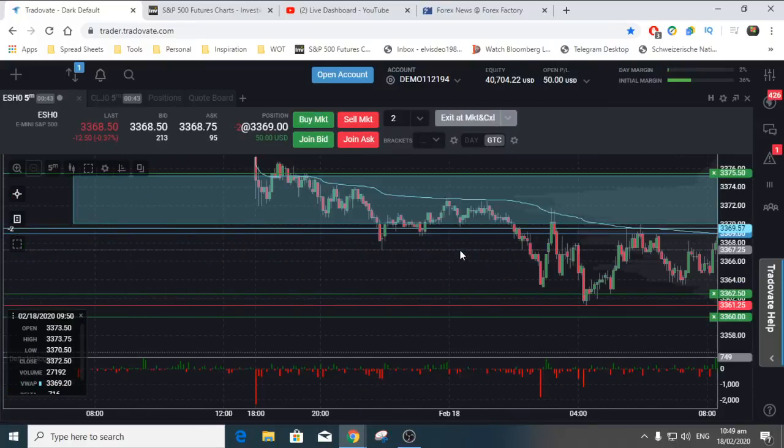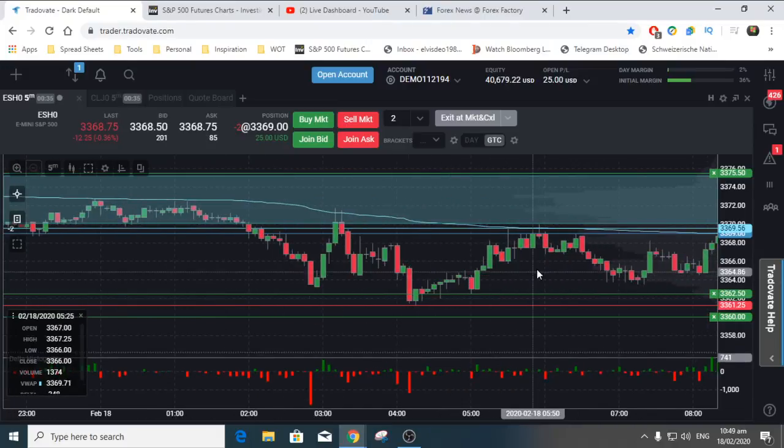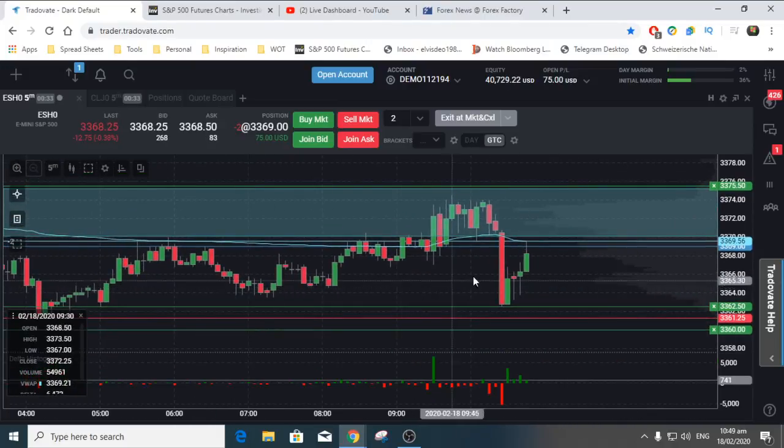Right here is your kill zone. See that 71 there? Right there. That's a perfect entry kill zone there. But we took 69 because of structure.